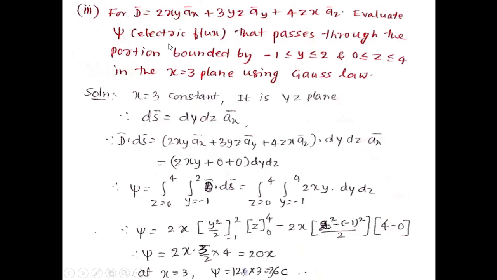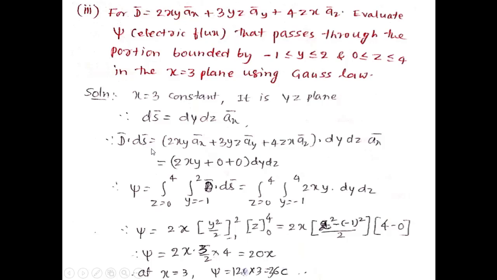Find the flux passing through the portion bounded by y from minus 1 to 2 and z from 0 to 4 at the plane x equal to 3, using Gauss law. The variables given are x, y, z, therefore it is a Cartesian coordinate system. Therefore the area ds bar is given by dy dz ax bar.